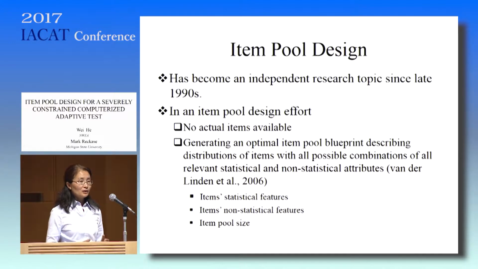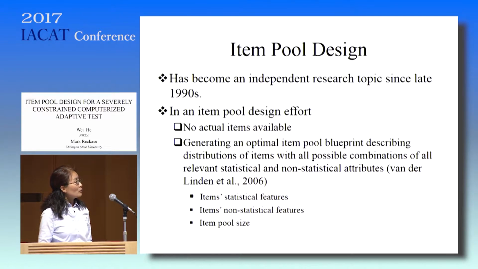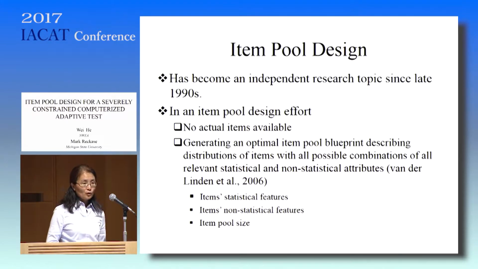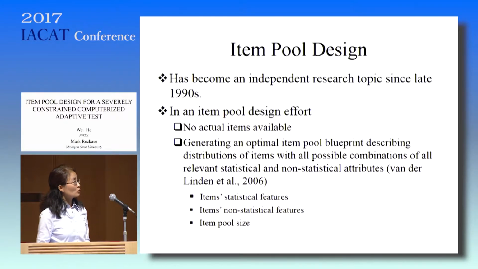The task is to generate an optimal item pool blueprint describing the distribution of items with all possible combinations of relevant statistical and non-statistical attributes.